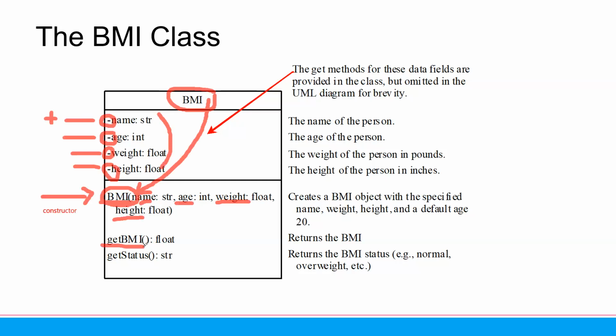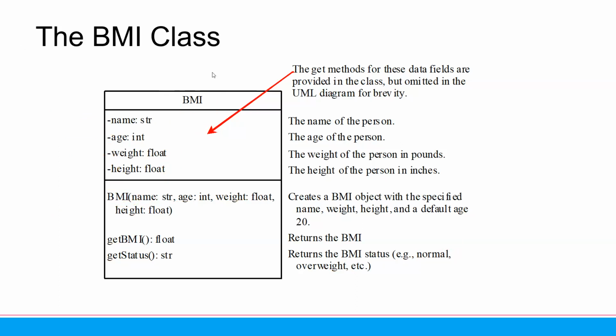And then we have the function get BMI. It means we will do the calculation. We already know how to do the BMI calculation. And get status. The status depends on the BMI. If the BMI is above something, maybe it is overweight. But if the BMI is in some ranges, then it is normal.